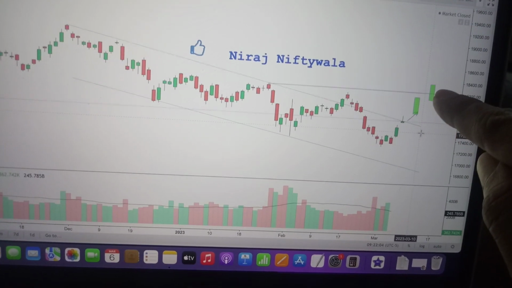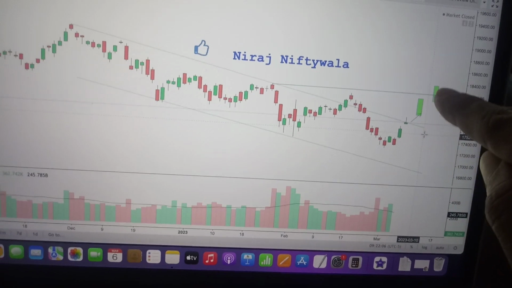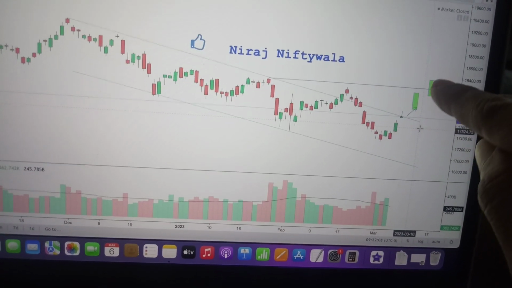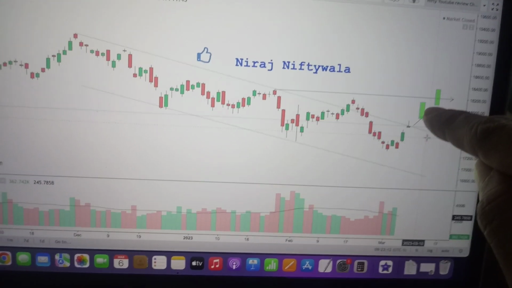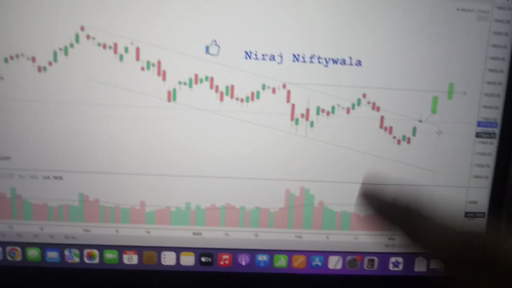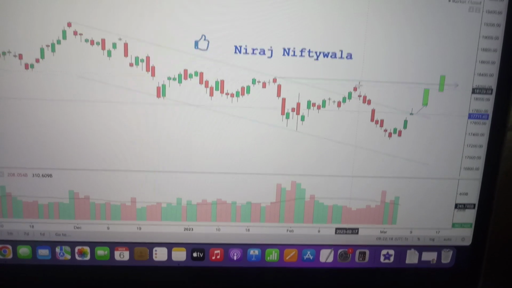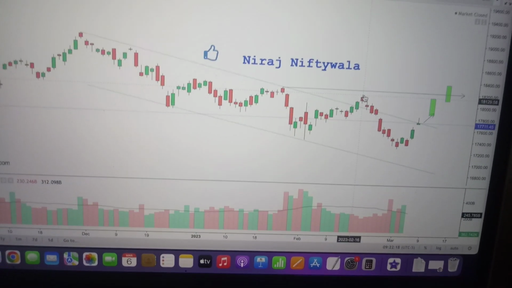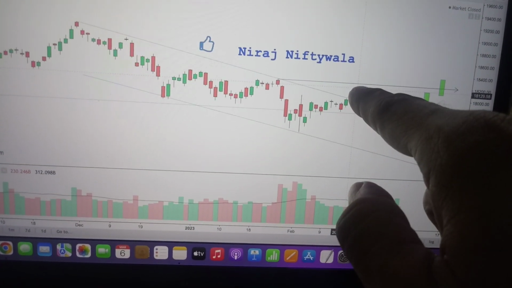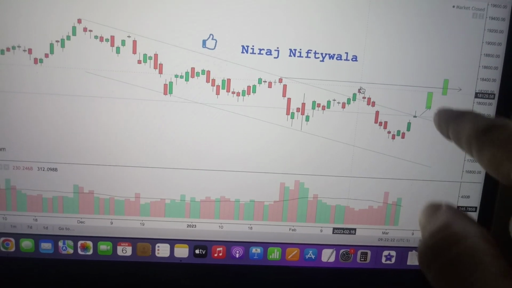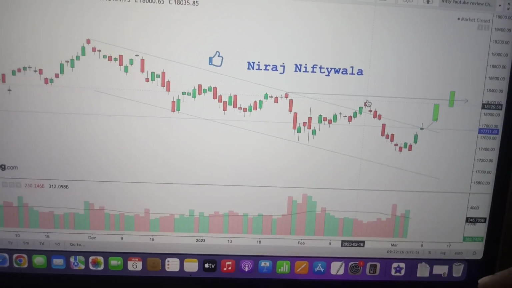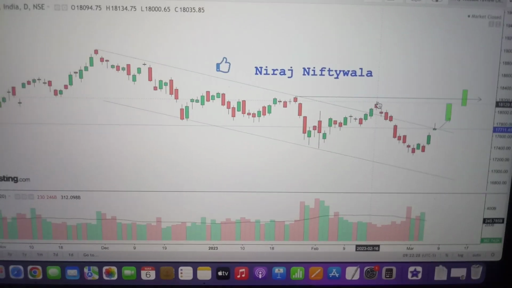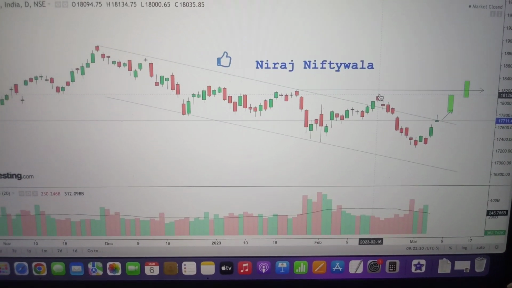So we need to see this kind of a green candle formation above this. When we see this kind of a candle, it means it is making higher highs and higher lows. When it makes higher highs and higher lows, it forms a green bullish candle and closes above the previous bearish candle. If it starts closing above this previous bearish candle, then the trend will change to a bullish trend, and then we can say that, okay, Nifty has now become bullish.